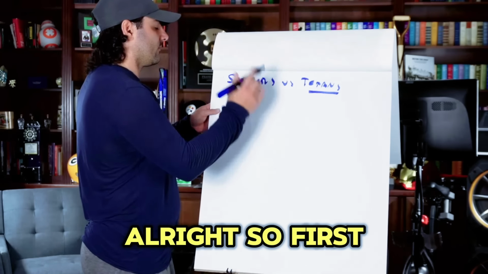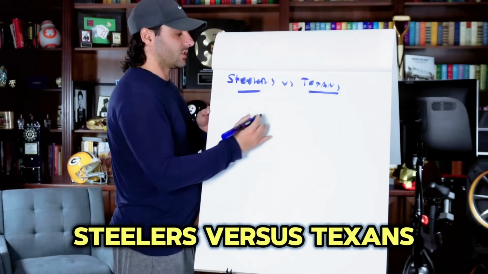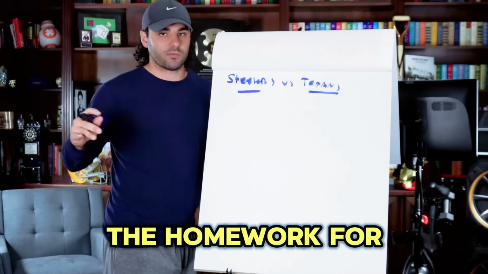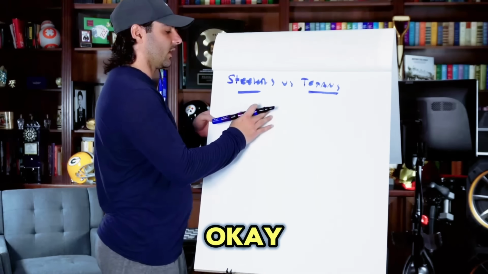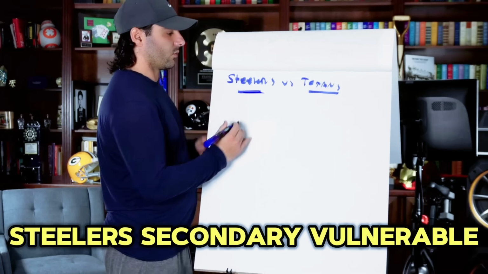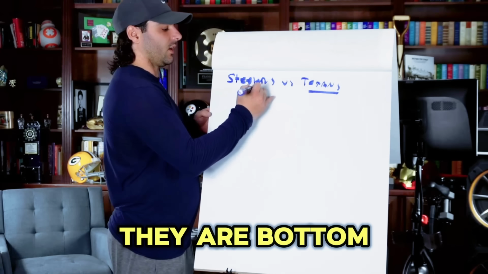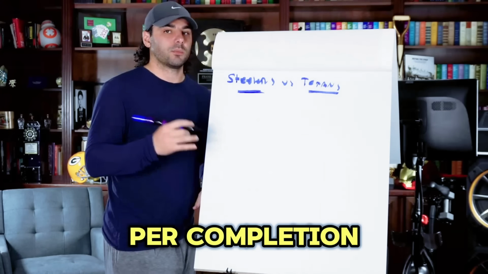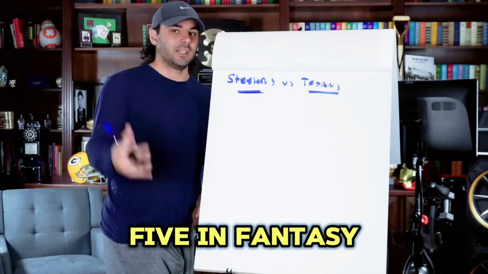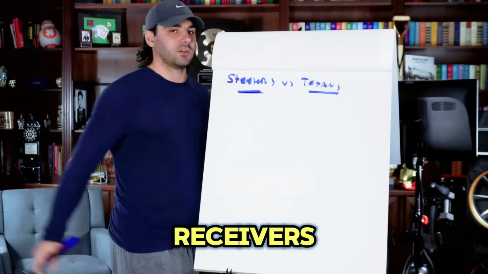All right, so first thing we're going to look at here, Steelers versus Texans. Now, I already did the homework for you, so we're going to shortcut it here a little bit, okay? Steelers secondary, vulnerable here, all right? So they are bottom 5 in yards per completion, and they're bottom 5 in fantasy points to wide receivers, okay?